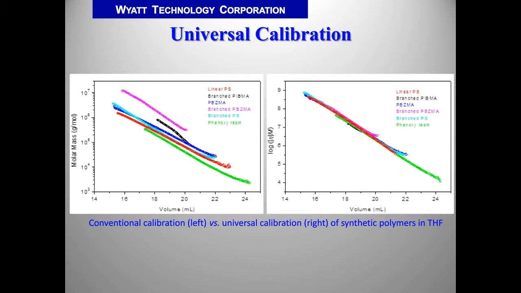And as can be expected, there is a great difference between particular plots. If we plot, instead of molar mass, the product of molar mass times intrinsic viscosity, the plots start to overlay. That means we get a calibration dependence that is universal for all polymers.